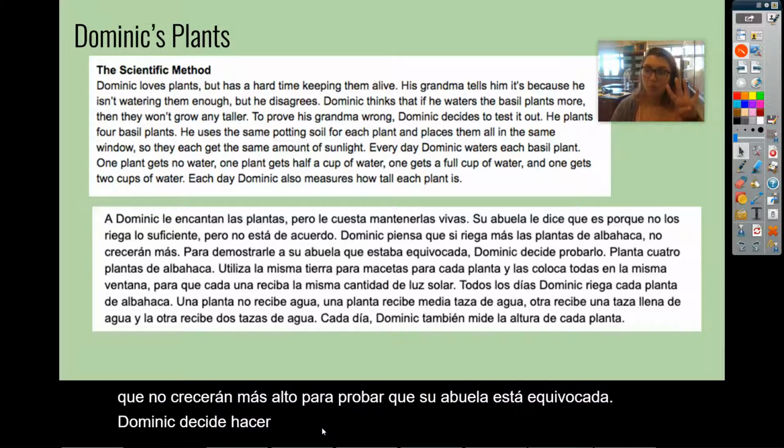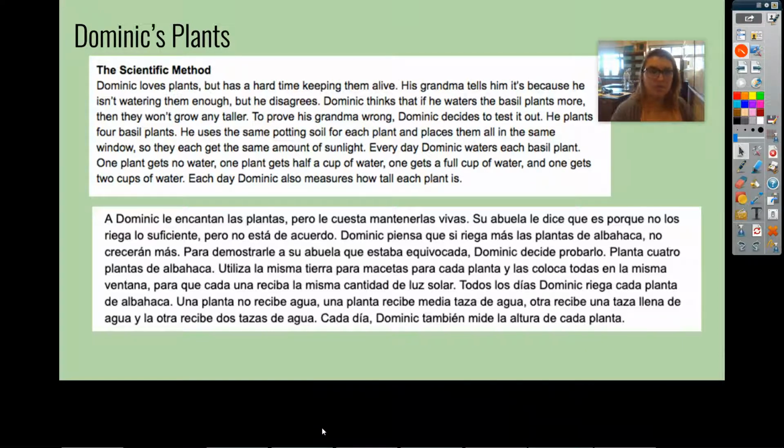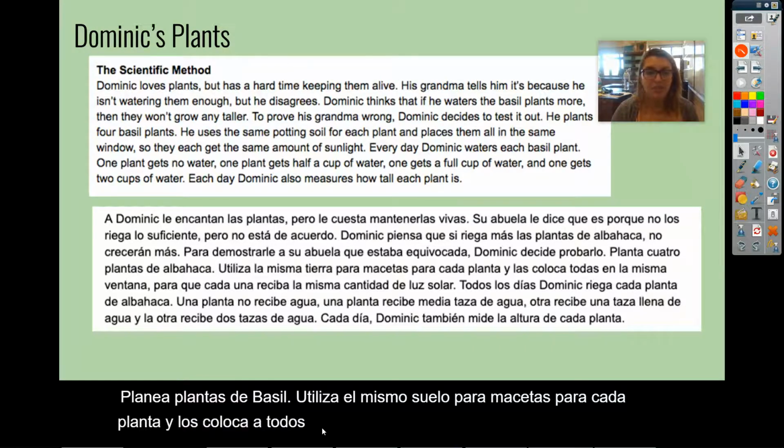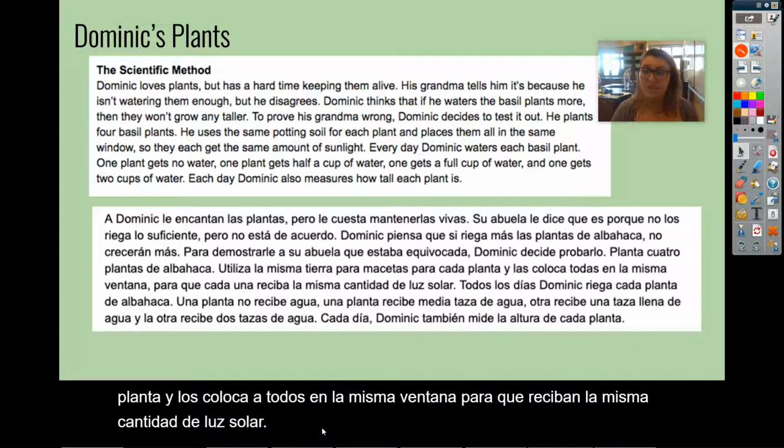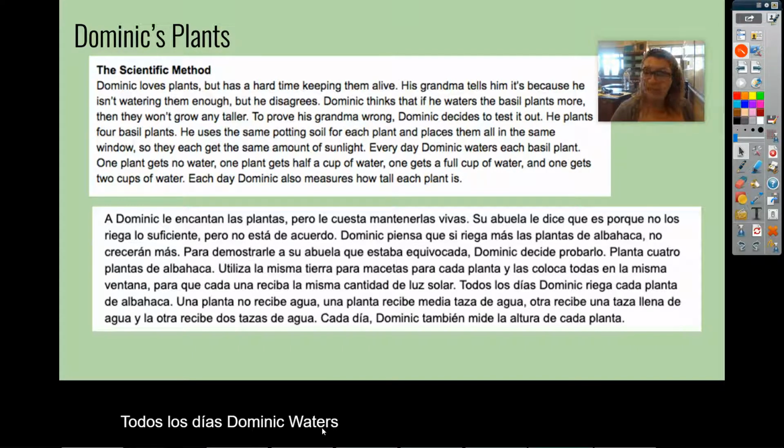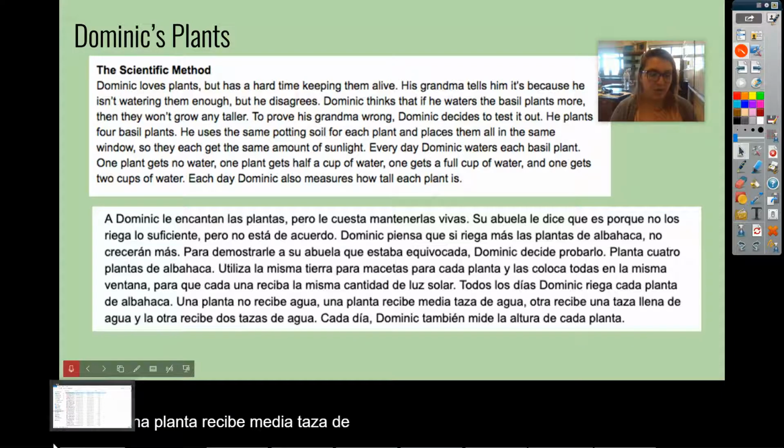He plants 4 basil plants. He uses the same potting soil for each plant and places them all in the same window so they get the same amount of sunlight. Every day, Dominic waters each basil plant. One plant gets no water, one plant gets half a cup of water, and one plant gets 2 cups of water.